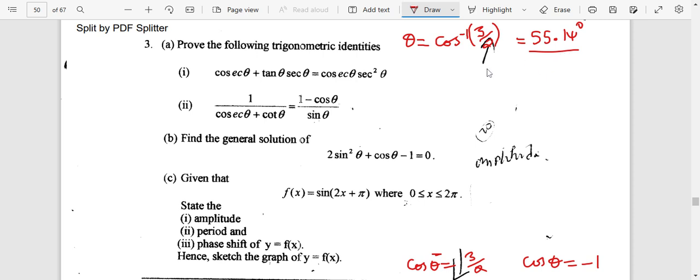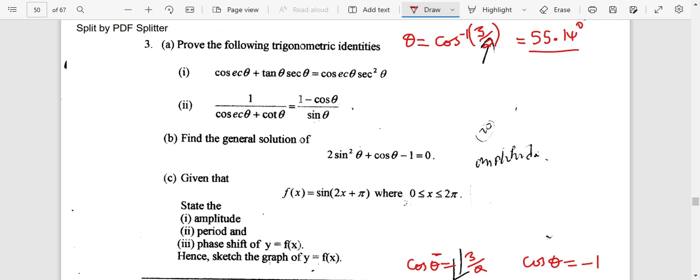Now, which other quadrant is cos positive? Okay, please just give me a moment. Just a moment, my network.